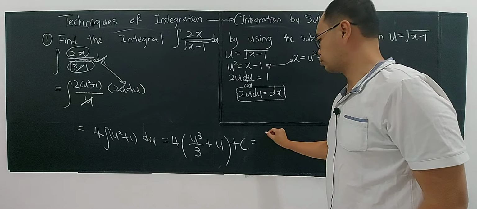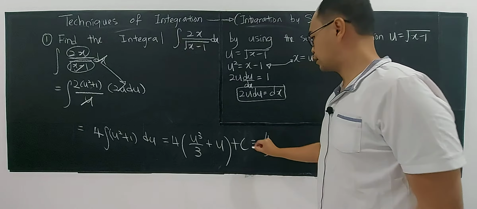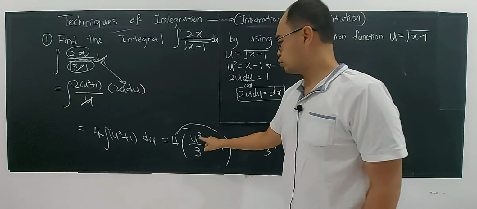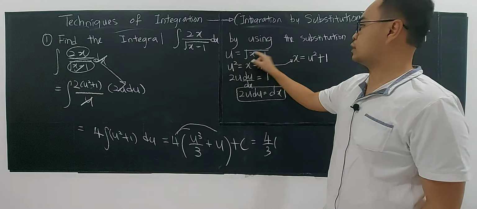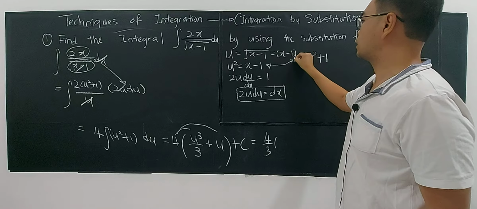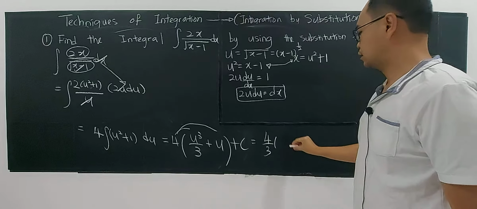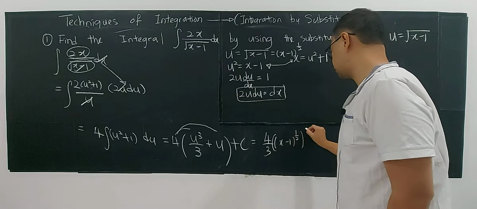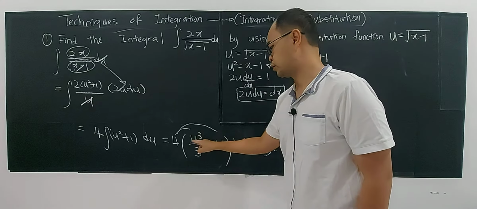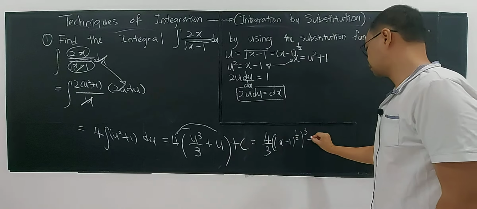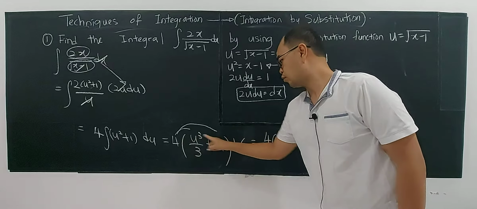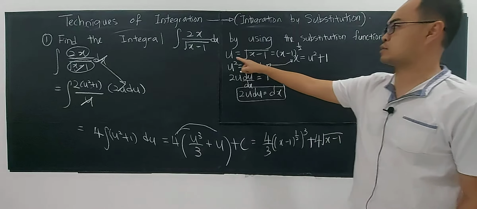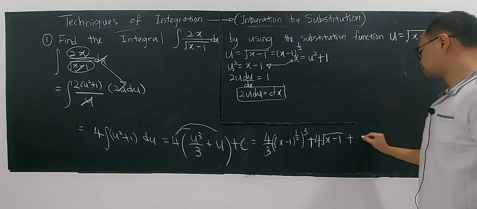So now it's time for you to write it back. You have 4 over 3, u to the power of 3. You know that u is x minus 1 to the power of 1 over 2, all to the power of 3, plus 4u, so 4 square root of x minus 1, as u is the square root of x minus 1, plus c.